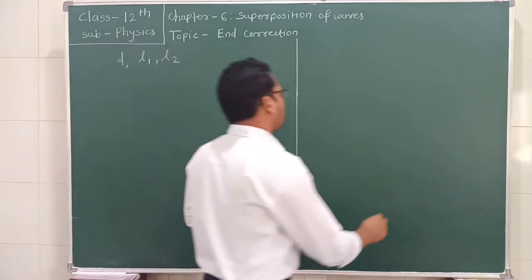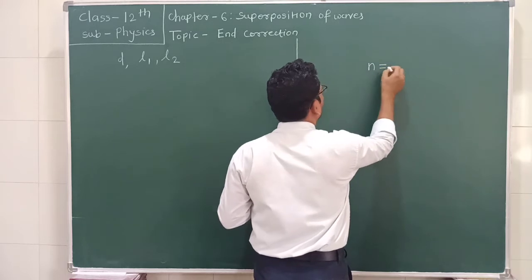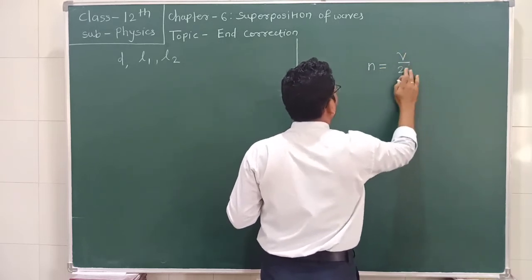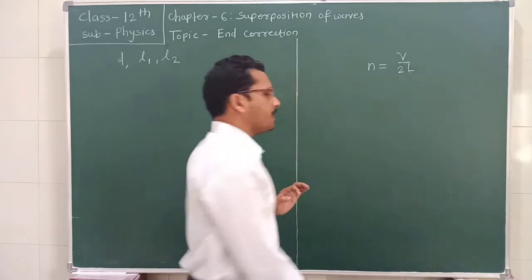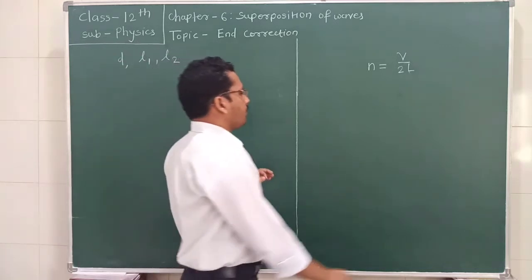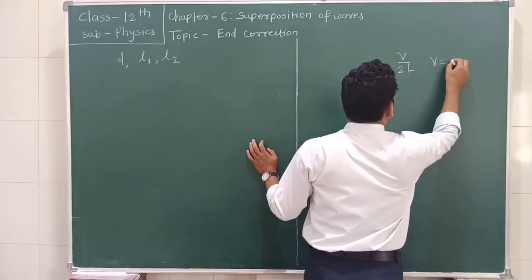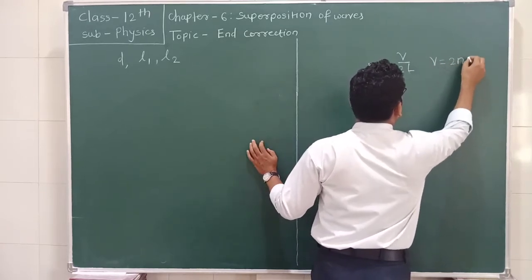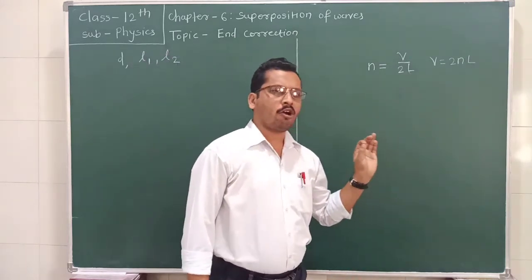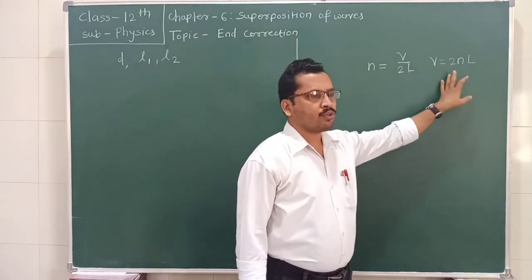The frequency N is equal to V upon twice L. This capital L is the effective length of the air column. So V is equal to twice N L. This is the velocity of sound when the pipe is open at both ends.